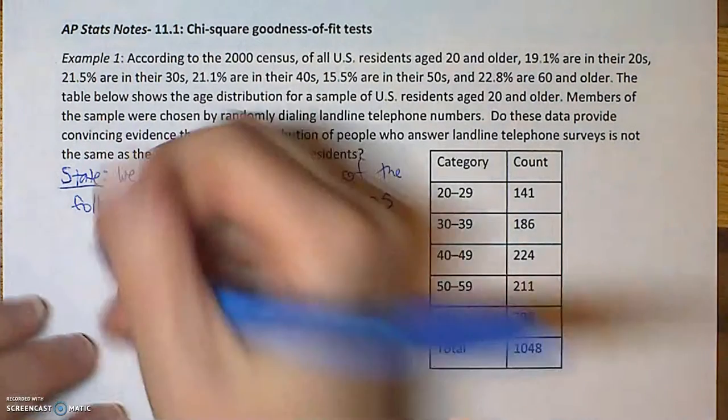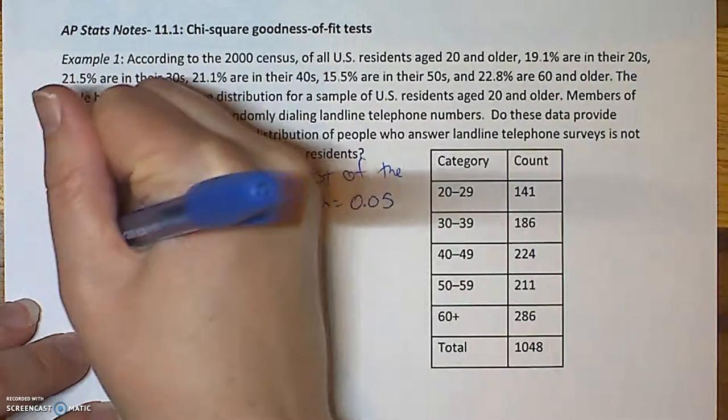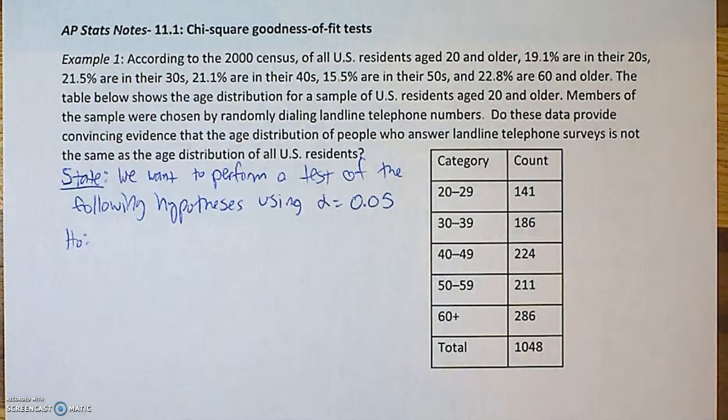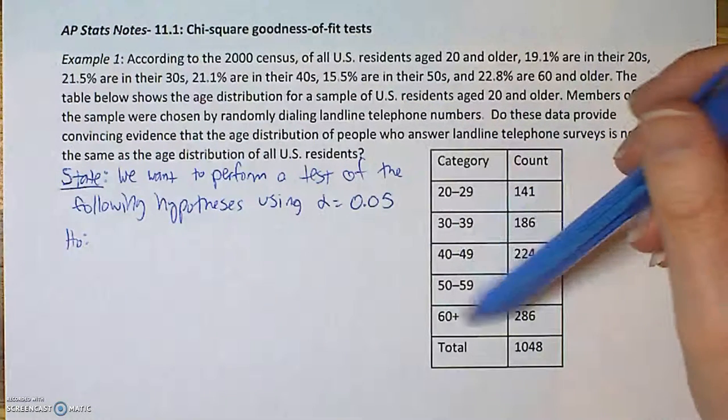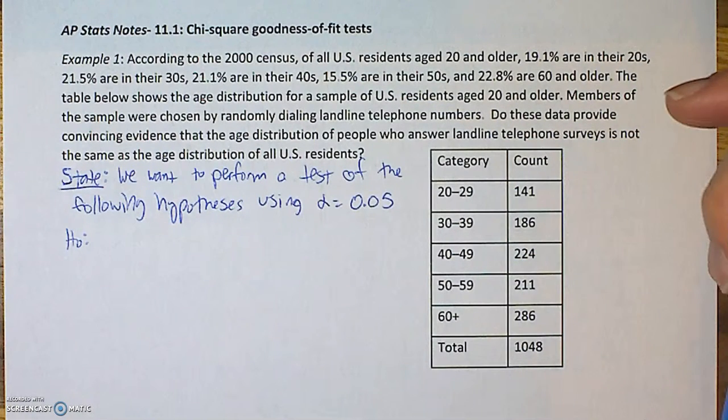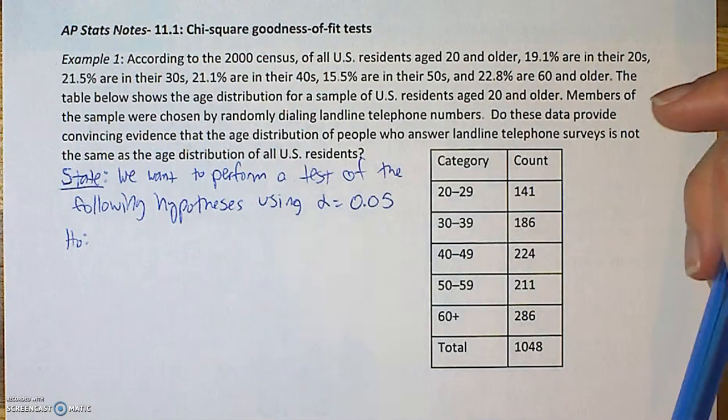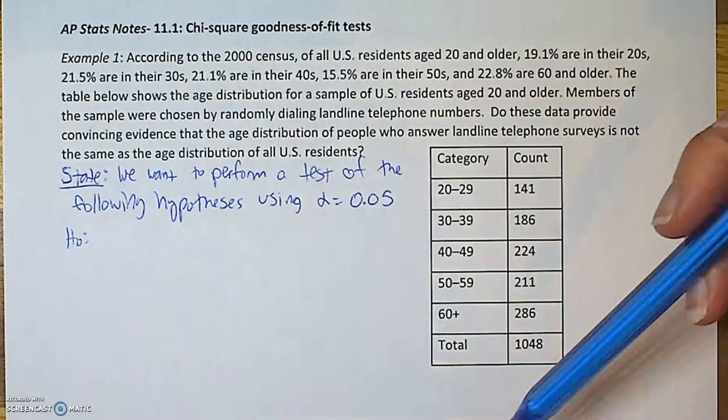Now, when it comes to our null and our alternative hypotheses, we don't have just a mean or one proportion or even two proportions. There are 1, 2, 3, 4, 5 different categories here, right? We don't know what that's going to look like.